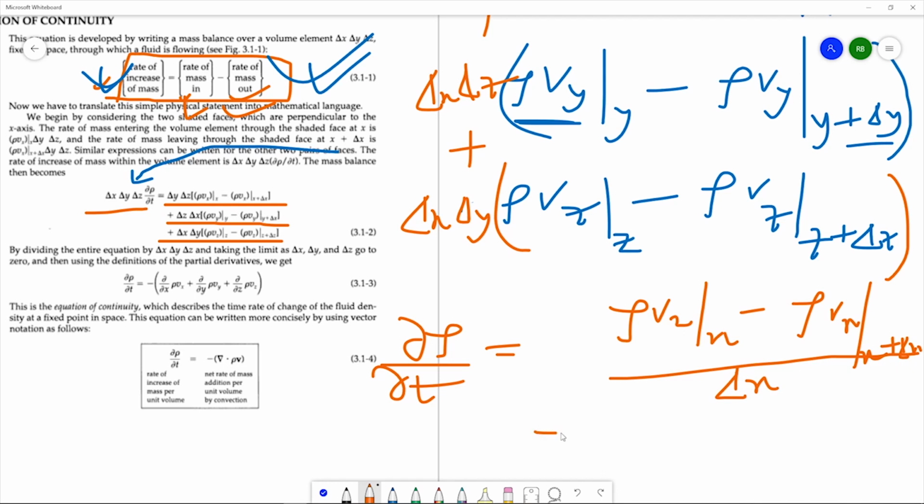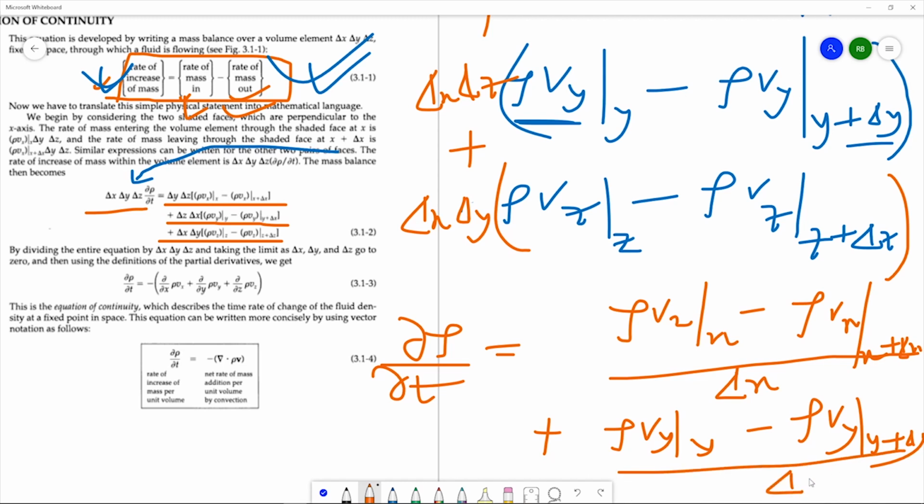Similarly, rho Vy at y face minus rho Vy at y plus delta y, divided by delta y.